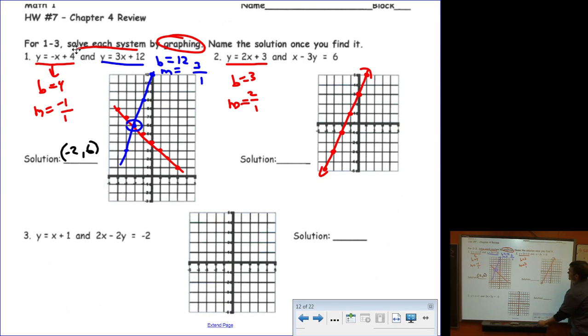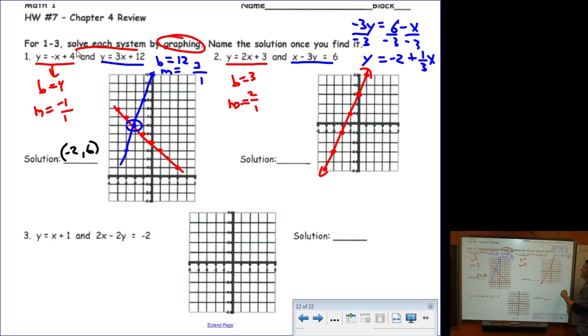The other line is not in slope-intercept form, so I might start by subtracting x from both sides, and then dividing by -3, giving me y equals -2 plus 1/3 x.